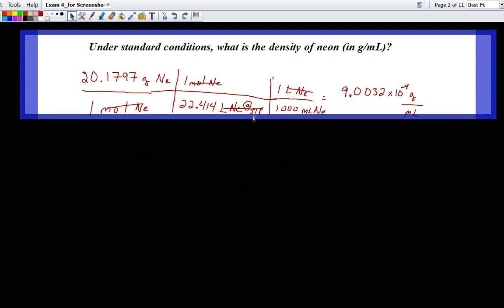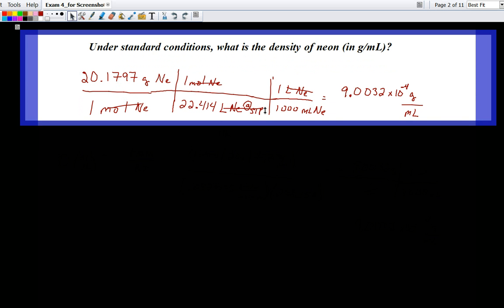So one way to start that off would be simply to start off with your molar mass for neon, 20.1797 grams of neon in a mole of neon, and then use the molar volume of a gas to get from moles there, cancel it out, and liters on the bottom.